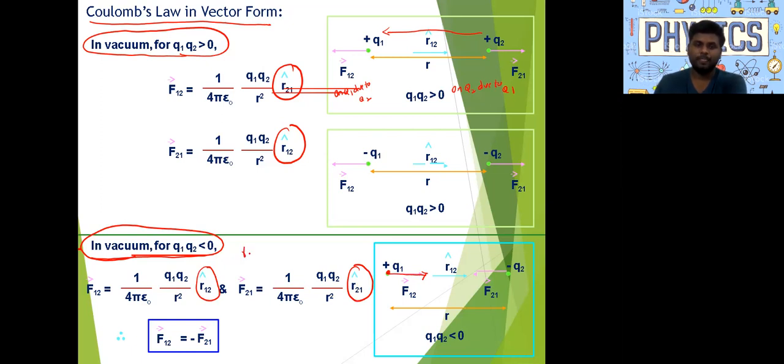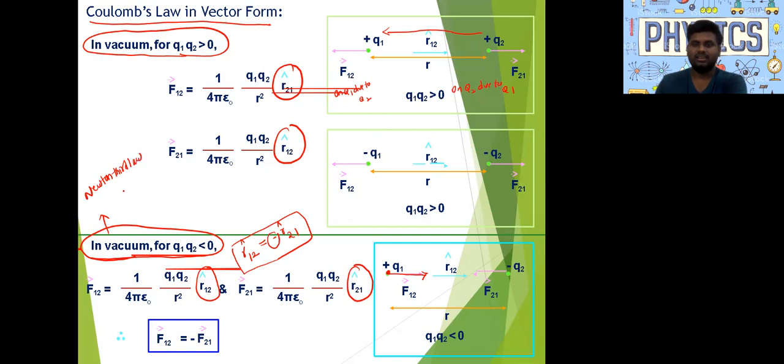So R12 we write as minus R21 cap. Then both forces are the same in magnitude, only the sign changes. Then F12 is equal to minus F21. Means there will be equal and opposite forces. Hence, our Coulomb's law obeys Newton's third law.